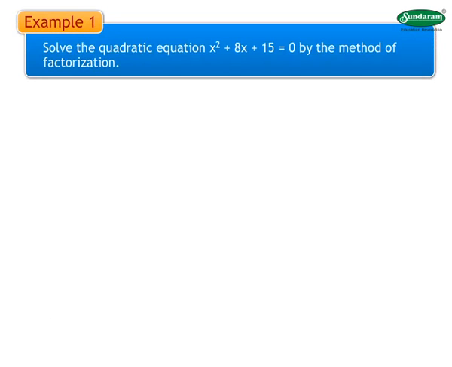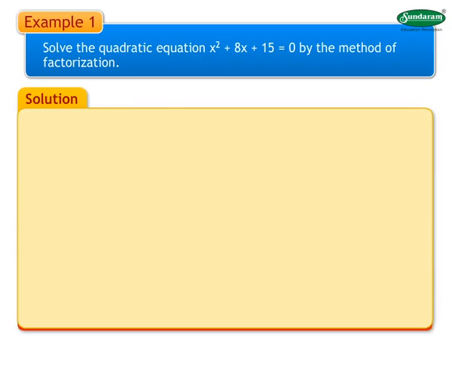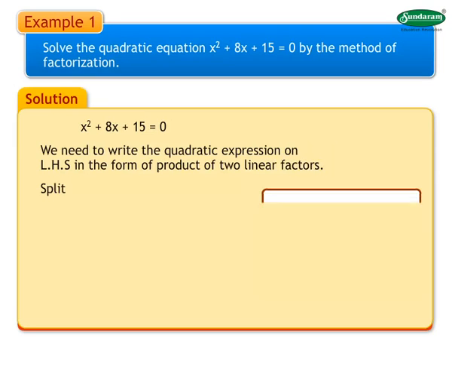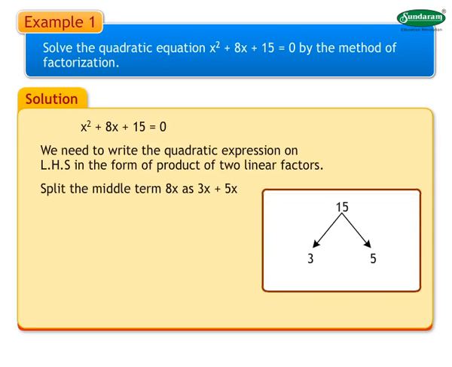Example 1. Solve the quadratic equation x square plus 8x plus 15 is equal to 0 by the method of factorization. Solution. X square plus 8x plus 15 is equal to 0. We need to write the quadratic expression on LHS in the form of product of two linear factors. Split the middle term 8x as 3x plus 5x.